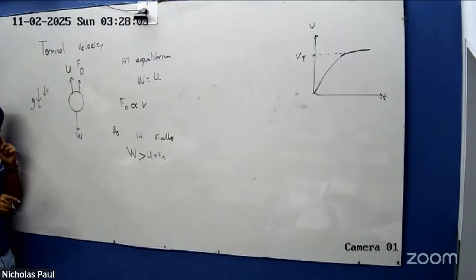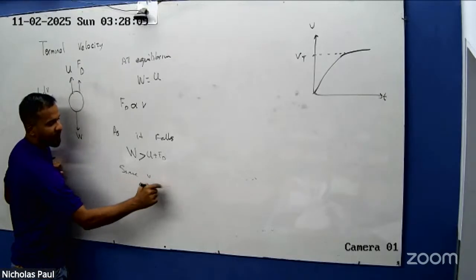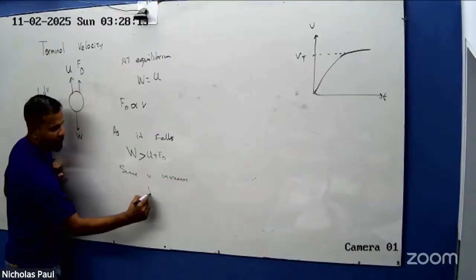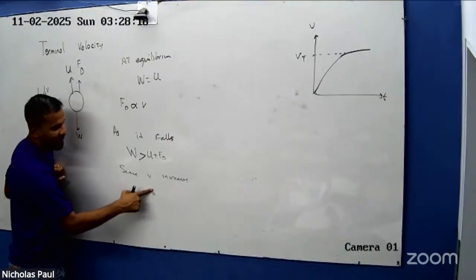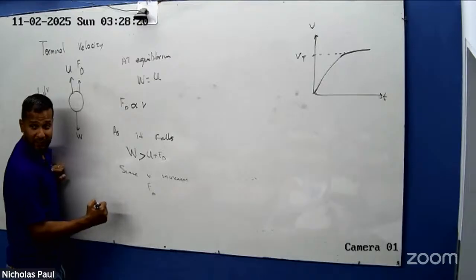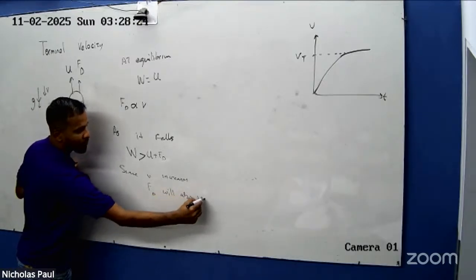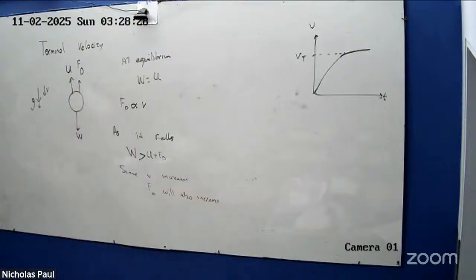But as it falls and it's going faster, since v increases, the drag force will also increase, right? That makes sense? Drag force will also increase.